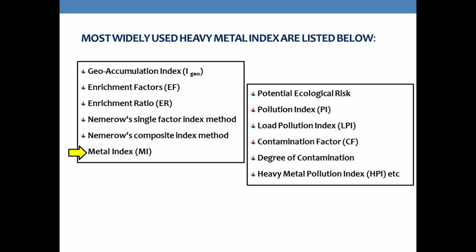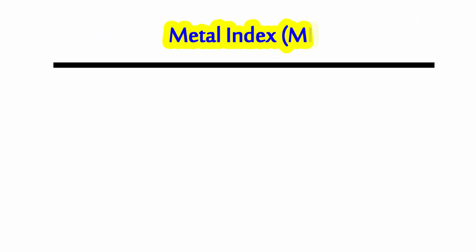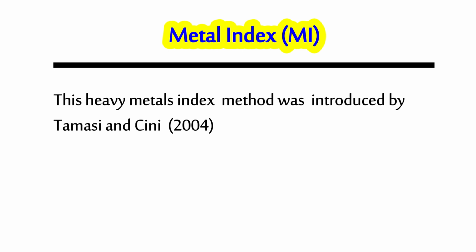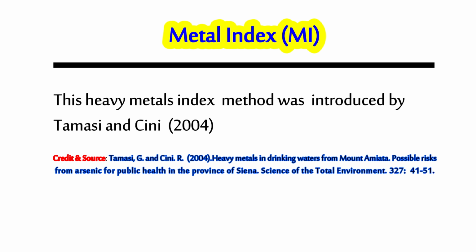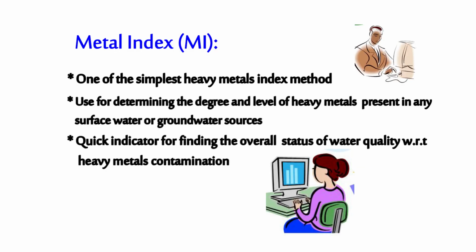So in this video, we'll be talking about the metal index method. First of all, this index method was introduced by Massey and Sini in the year 2004. This index method is one of the simplest index methods developed for determining the degree and level of heavy metals present in any surface water or groundwater sources of interest.